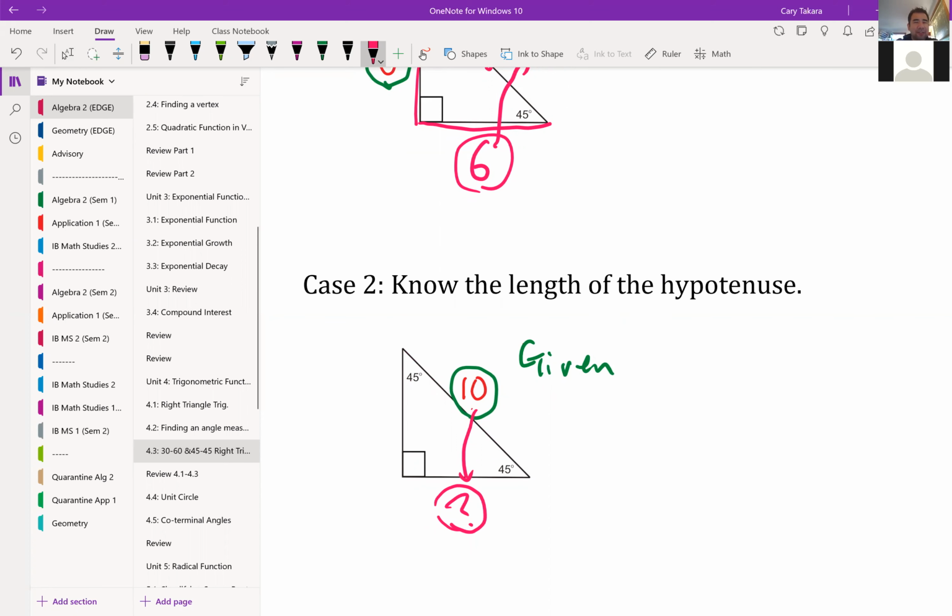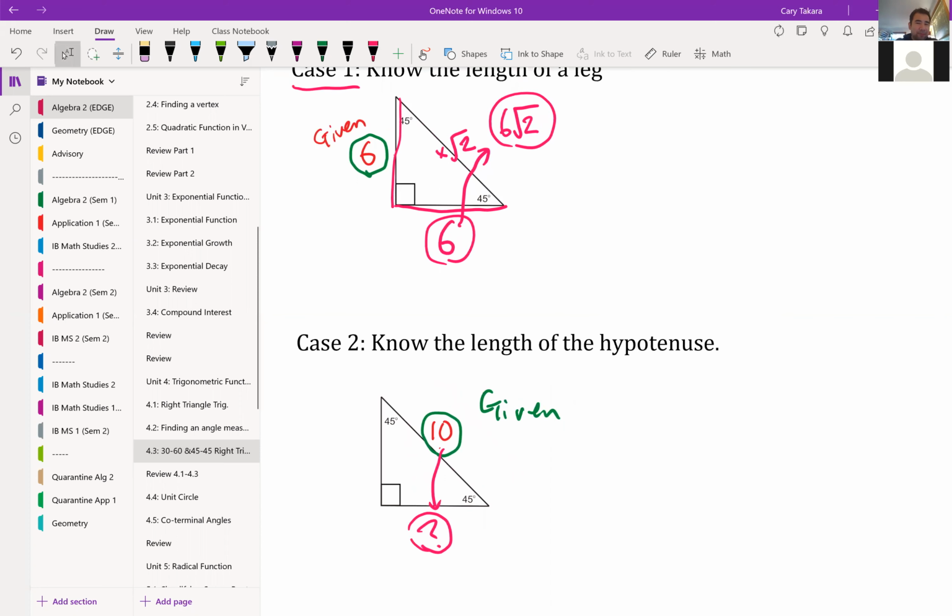What do you think you have to do? Anybody? Let me give you a hint. If you know the leg, let's say 6, right? Leg is 6. How did you figure out the hypotenuse?